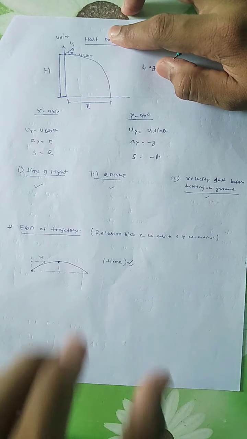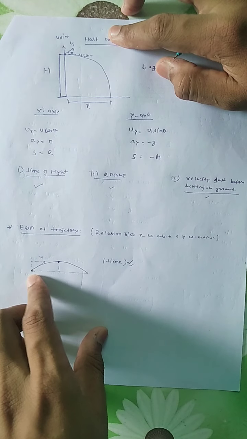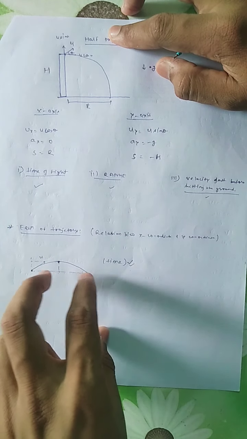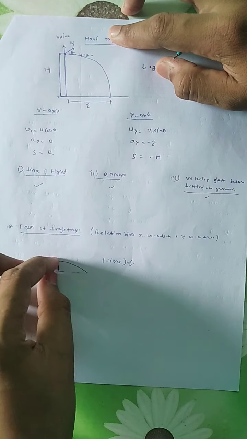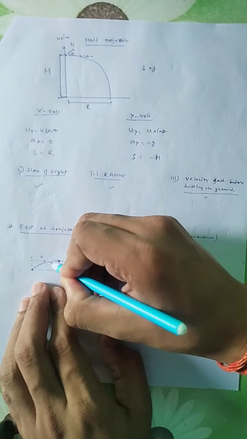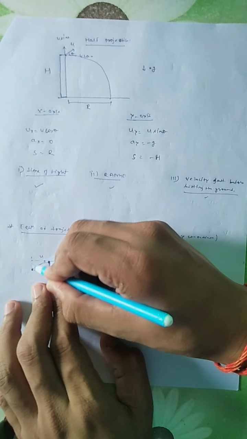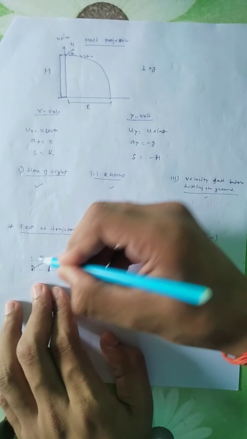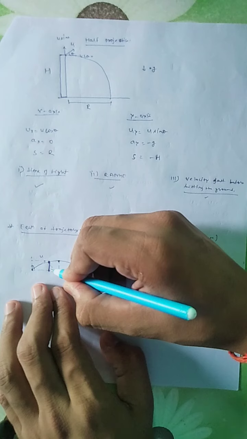Firstly you will find the time, and we find the time by the y-axis motion, meaning how much time it will take to reach this height. Let us consider that at some point it is here. What is the time taken by the body to reach this point? The initial y velocity will be u sin theta, the height will be given, and the acceleration will be minus g.